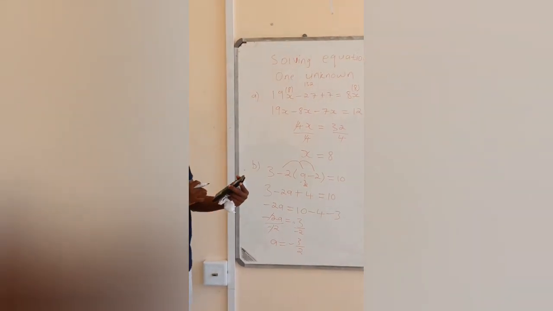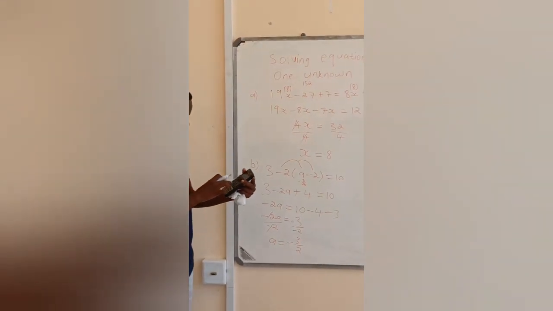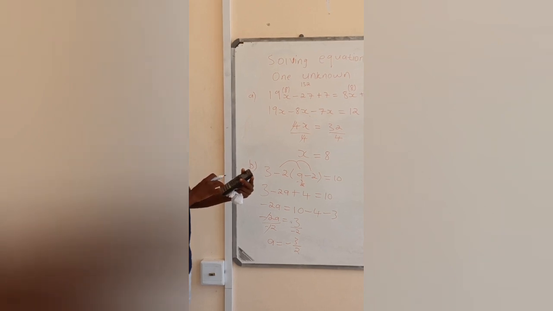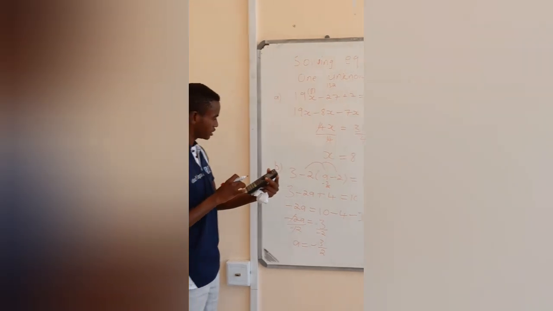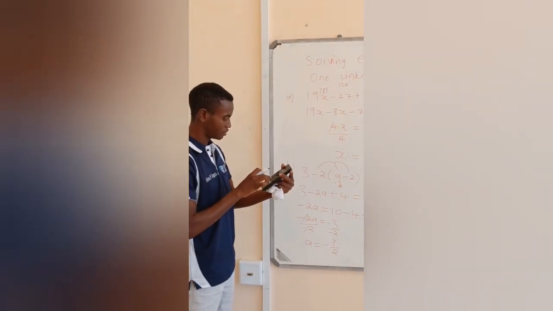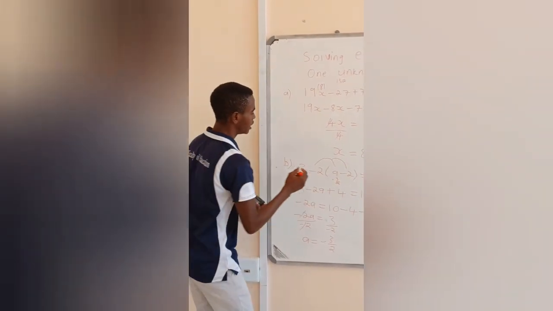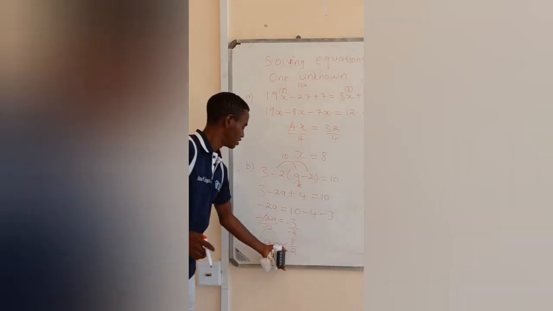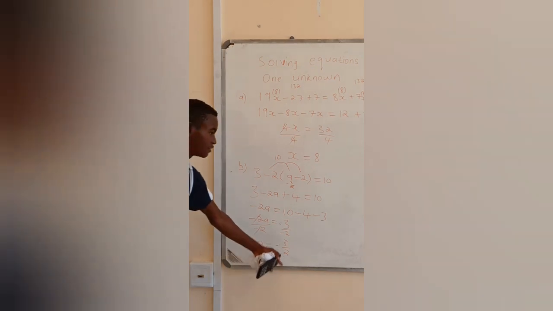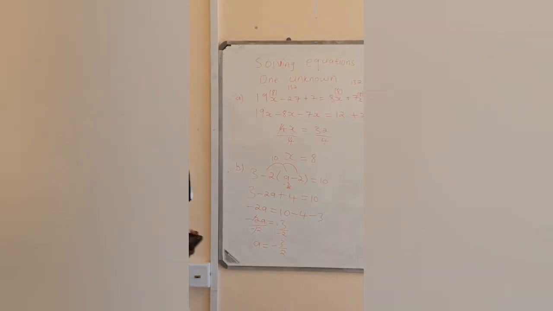We have 3 minus 2, open bracket, then negative 3 over 2, close bracket, minus 2, close bracket. So the answer is 10, meaning like that you have proven that A is negative 3 over 2, your correct answer. Any questions?